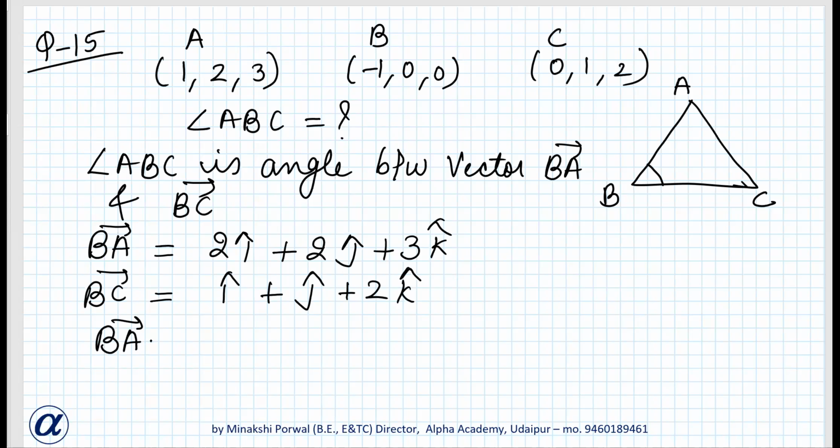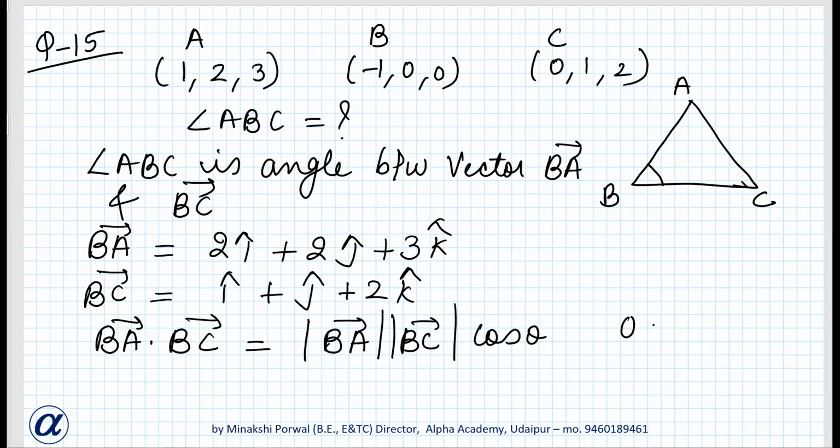Now BA dot BC is equal to modulus of BA, modulus of BC, cos theta, where theta is angle ABC. When we find the dot product, 2 into 1 is 2, plus 2 into 1, 2, plus 3 twos are 6.